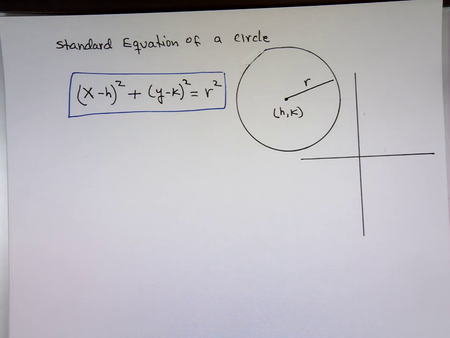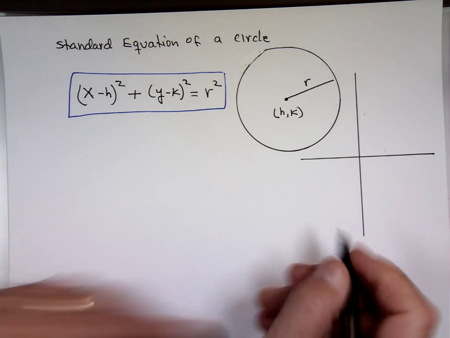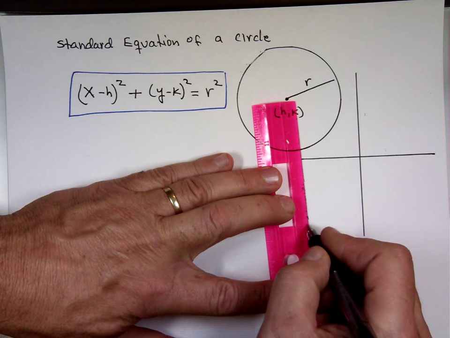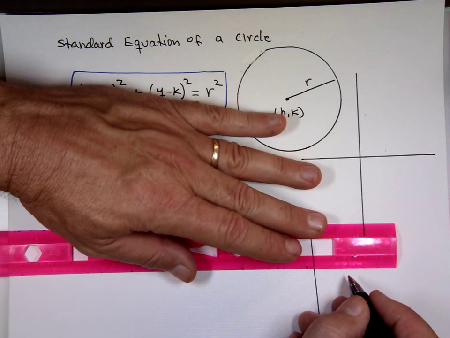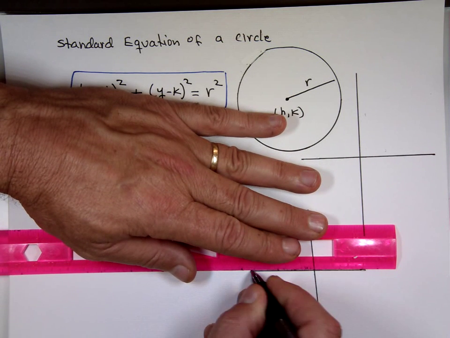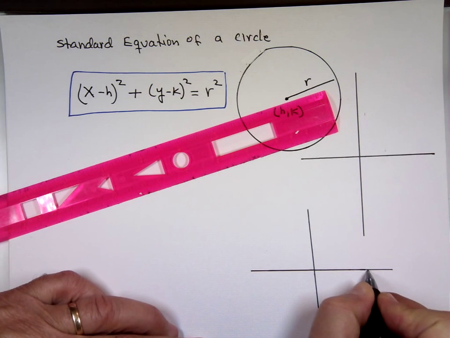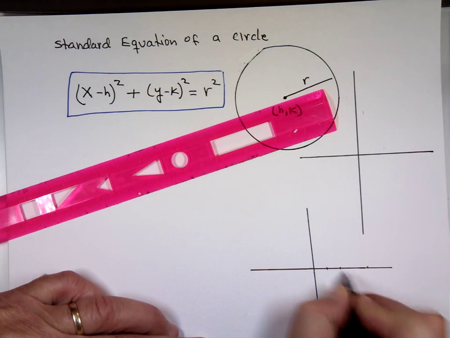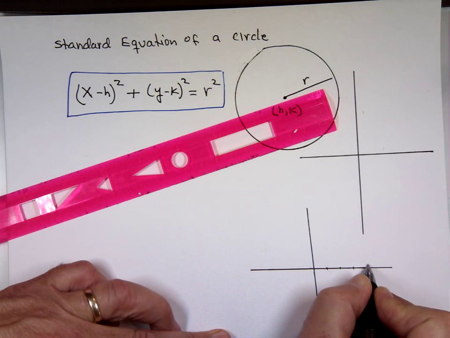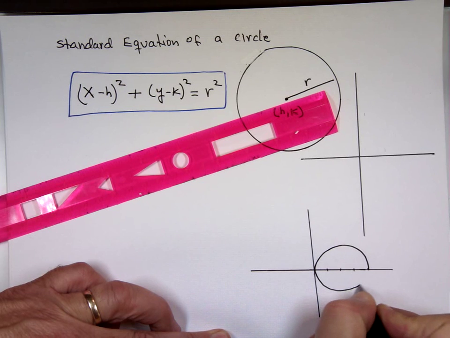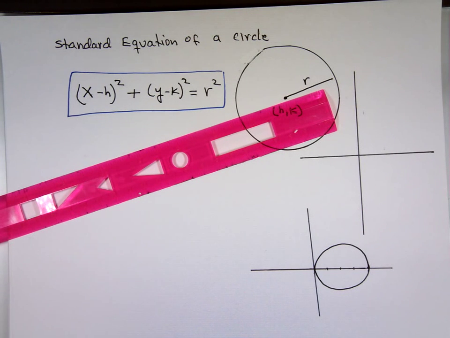So if I have a circle that passes through, let's take this one here. I'll make another one. And let's say my circle happens to be 1, 2, 3, 4. Here we go. This is my circle.